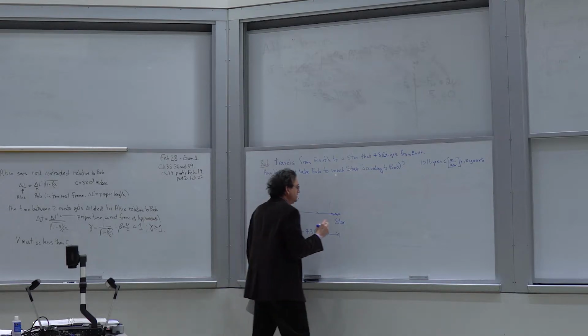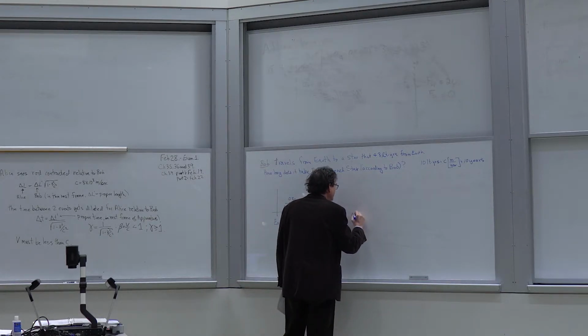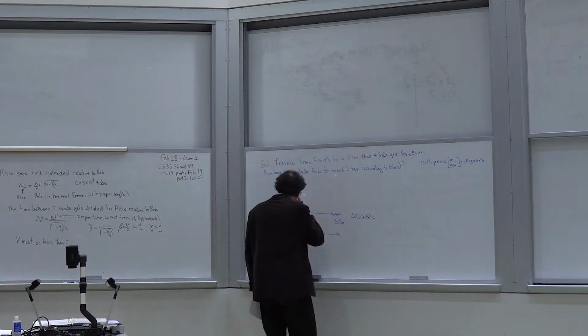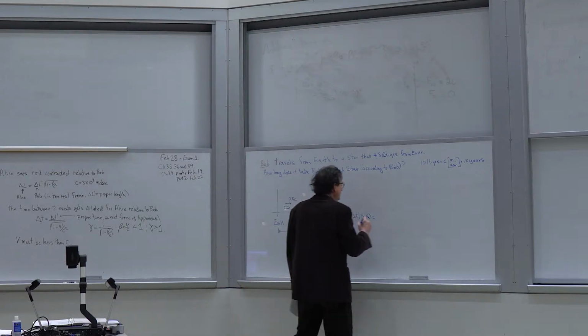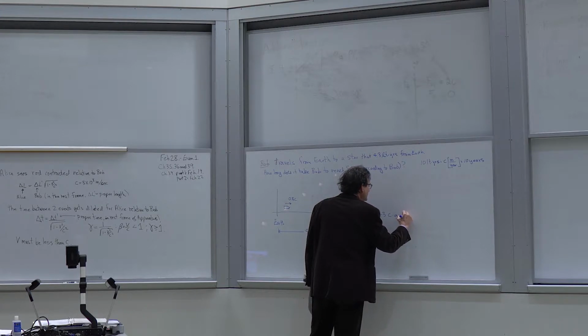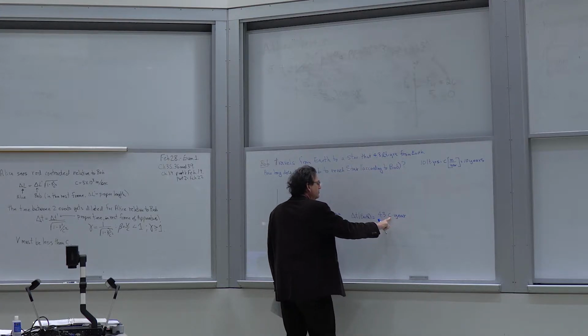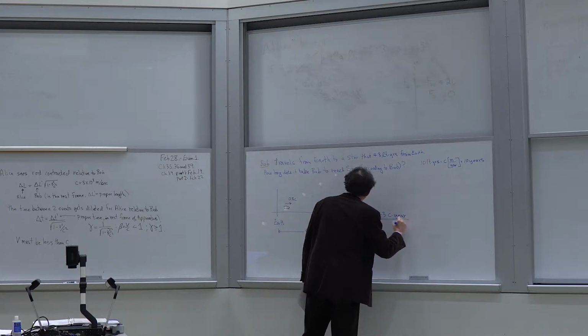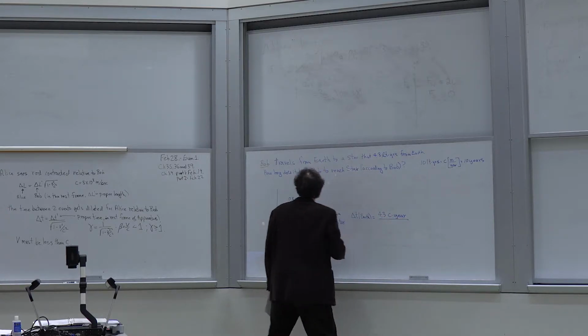So the time, based on Earth, delta t Earth, is going to be equal to the distance, 4.3 light years, so 4.3 times c times the number of years, so c is the number of meters per year, times the number of years, and I'm going to divide that by the velocity.